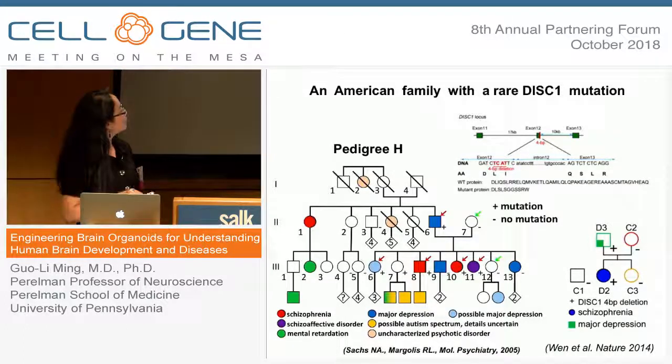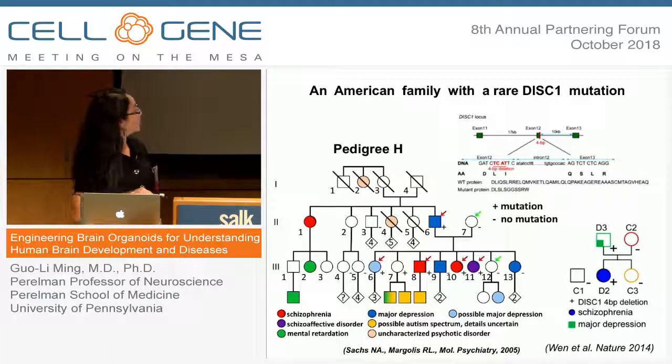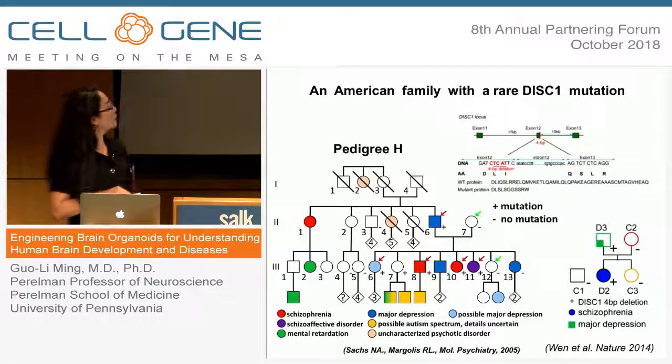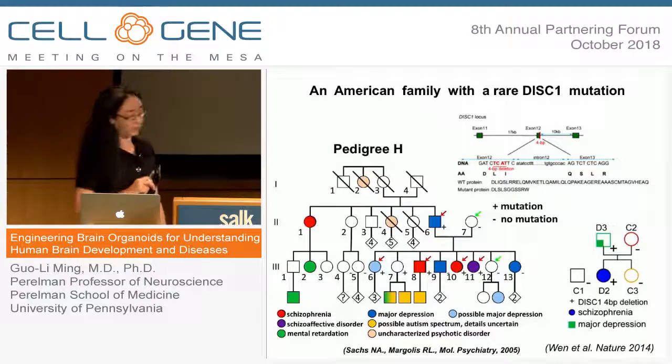The father, with the mutation, is a major depression patient, and the mother, with no mutation, is normal. Of the two daughters, one has the mutation and is a schizophrenia patient. The other daughter has no mutation and is normal. We also include a control outside the family just to control for the genetic background.